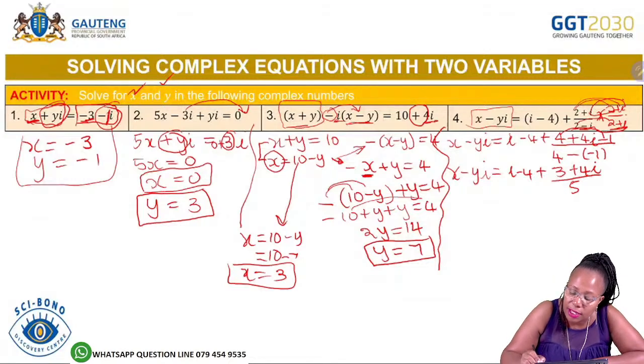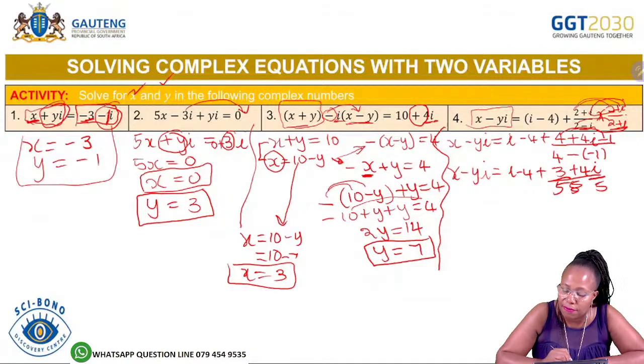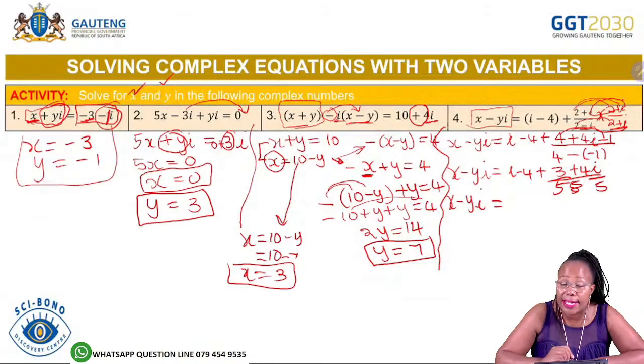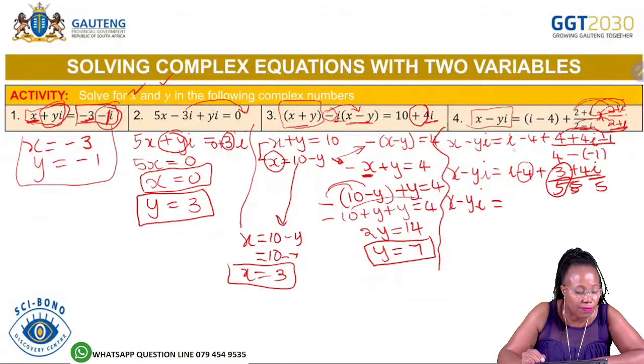On the denominator we have 4 plus 1, which is 5. Okay, and then now if we separate this, grade 12, remember it will be 3 over 5 and the 4 over 5. Everyone is taking the denominator now. So we are having x minus yi. We will consider adding like terms now. We are having 3 over 5 added to minus 4.